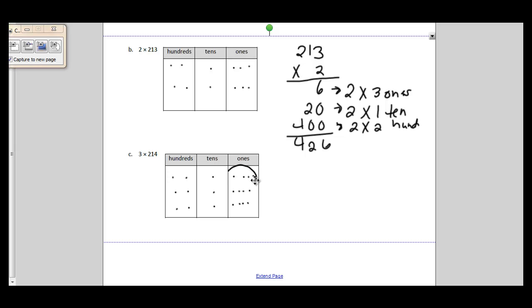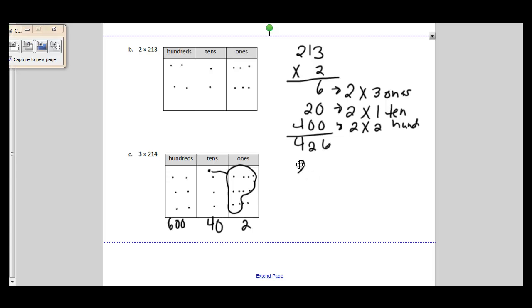So one of these groups of ones, group them, and we have 10. Now I'm going to go ahead and put right here, just to make sure that I see everything that I have here. I'm going to go ahead and put 600. Here I have 40. Here I have 2.